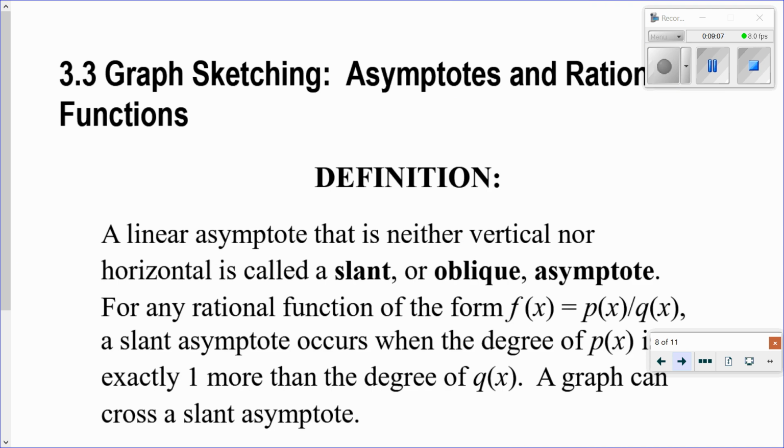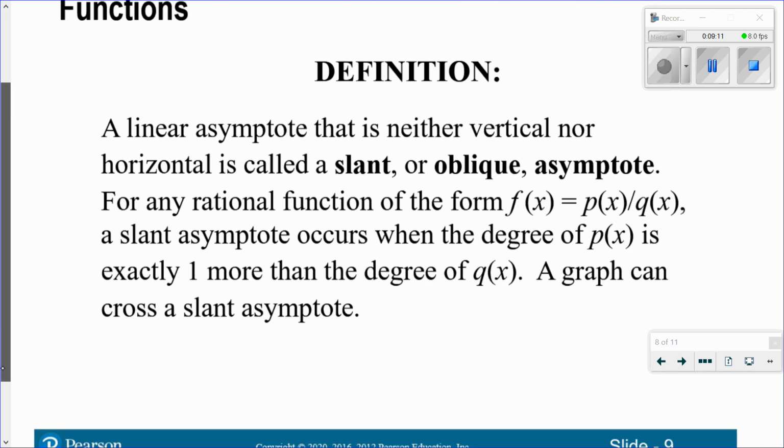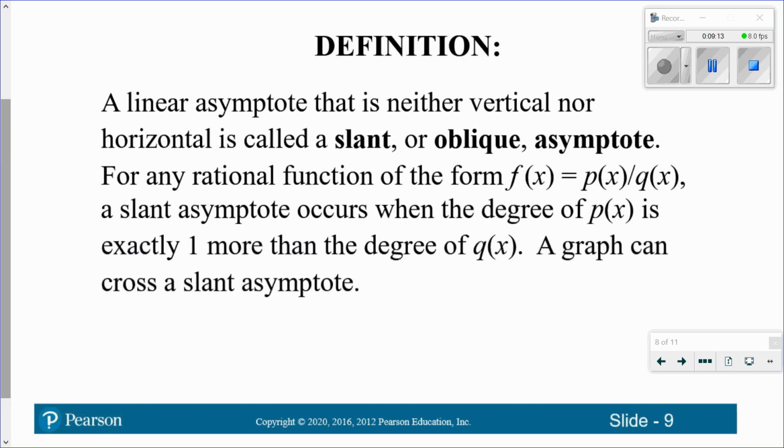All right, your next type of asymptote is called a slant or an oblique asymptote. I'm going to start with the bad news. The bad news is there is only one way to find a slant or oblique asymptote, and that is by dividing. So we're going to do polynomial long division and divide these out to find out what the slant asymptote is.